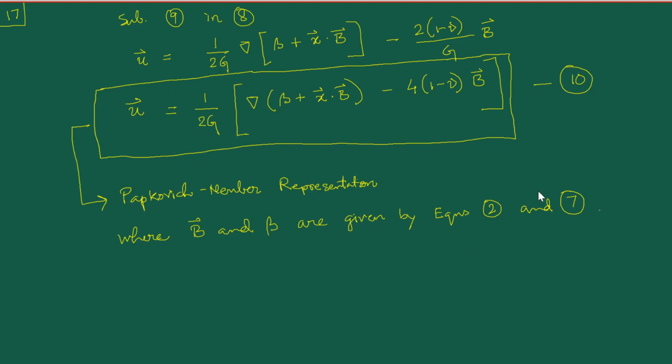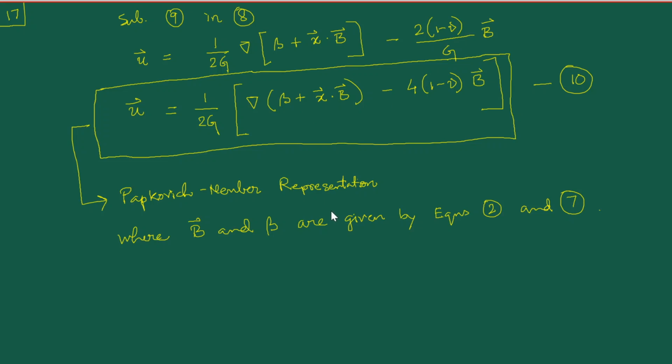So equation 10 together with equations 2 and 7 constitute the entire Papkovich-Neuber representation. Equation 2 was one part, equation 7 was another part, and finally the expression of the displacement vector in terms of the b vector and beta, together they constitute the Papkovich-Neuber representation.